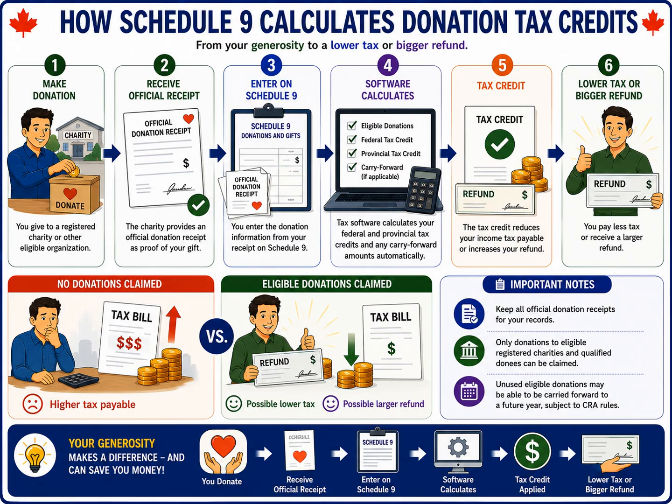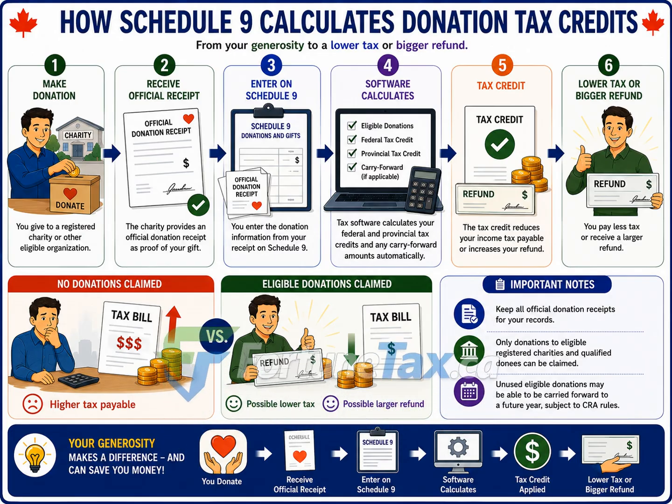The software verifies the eligible donation amounts, applies the federal and provincial tax credit rules for the tax year, and also considers any eligible donation amounts that have been carried forward from previous years, if applicable. After the calculation is complete, the charitable donation tax credits are transferred to the taxpayer's T1 general return.